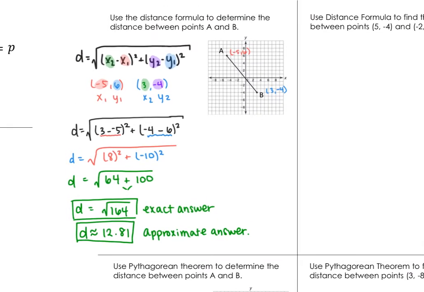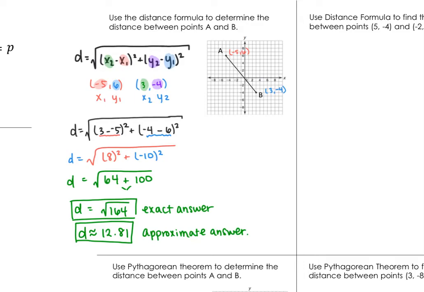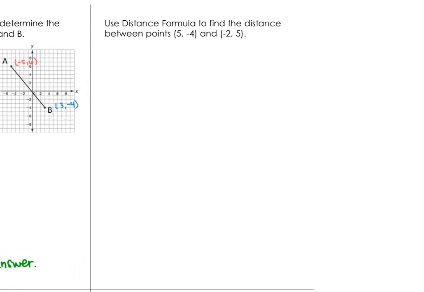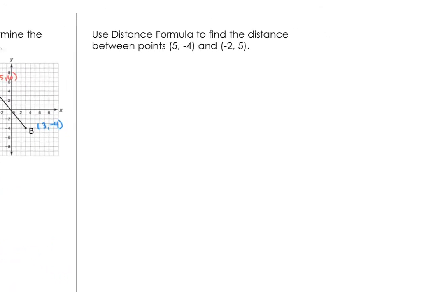All right, so that's how you do distance formula using a coordinate plane. You can also use distance formula when you're just given the coordinates, such as the problem directly to the right. In this case, we already have x1, y1, and I have x2, y2. So now all I'm going to do is plug it directly into distance formula. I'm just going to write out distance formula again.